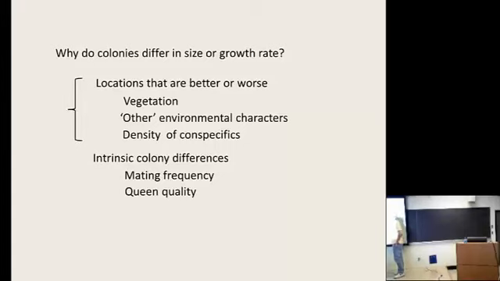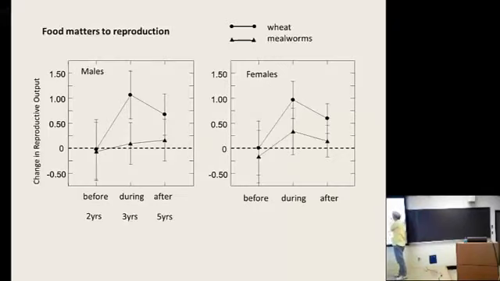The idea here is that there might be differences in the performance of colonies as a consequence of the fact that they may have different amounts of food because of vegetation. And actually, food is a reasonable idea here. This is a kind of complicated figure that summarizes a food supplement experiment, which shows basically that food matters to reproduction.